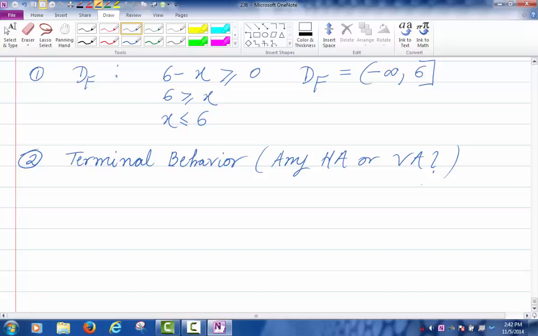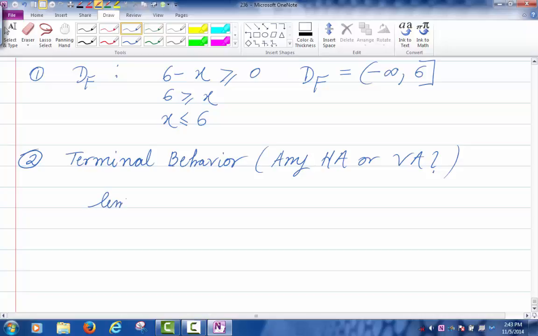So what do I do? Well, note that the domain is from negative infinity to 6, right? So I need to know how the function behaves near 6 and how the function behaves at negative infinity. Notice that the function is defined at 6, and would you say that the function is continuous at 6 from the left?